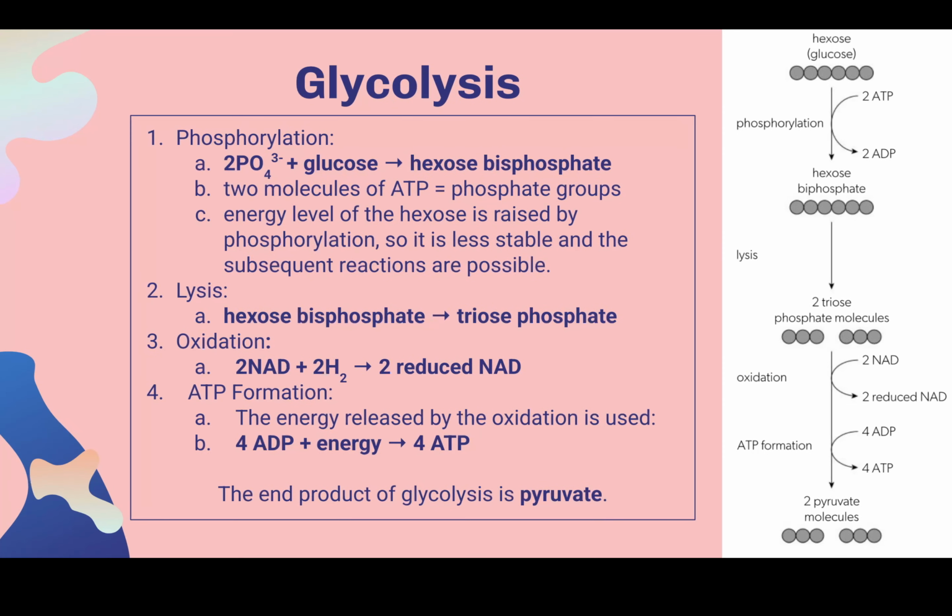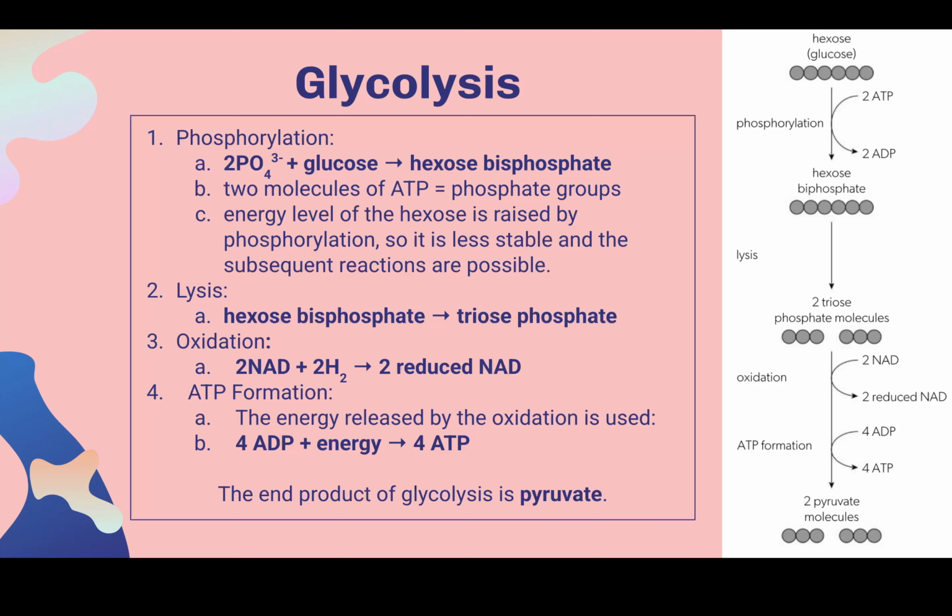Okay, so now we talk about all the nitty-gritty details of what the glycolysis reaction looks like. So basically we start with a hexose molecule, or glucose, and the first step is phosphorylation.